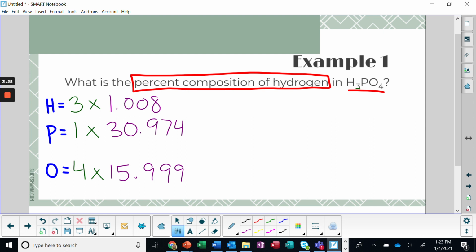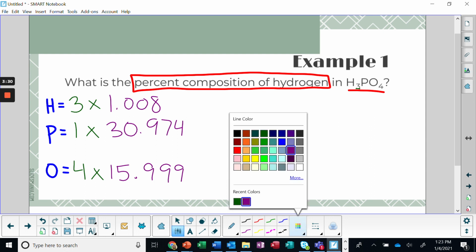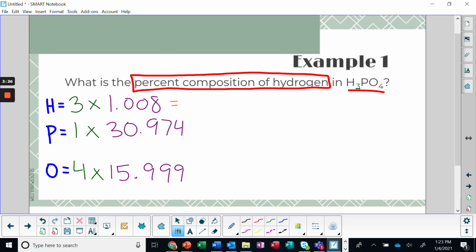We will then go ahead and solve each one of these. 3 times 1.008. Don't forget to think about your significant figures. 1 times 30.974, or 30.974.